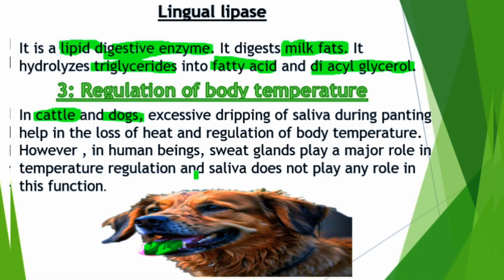In humans, regulation of body temperature occurs through sweat glands, but cattle and dogs maintain their body temperature by panting. In cattle and dogs there is excessive dripping of saliva during panting. These animals put out their tongues, and by this the evaporation of saliva occurs, which regulates their body temperature.